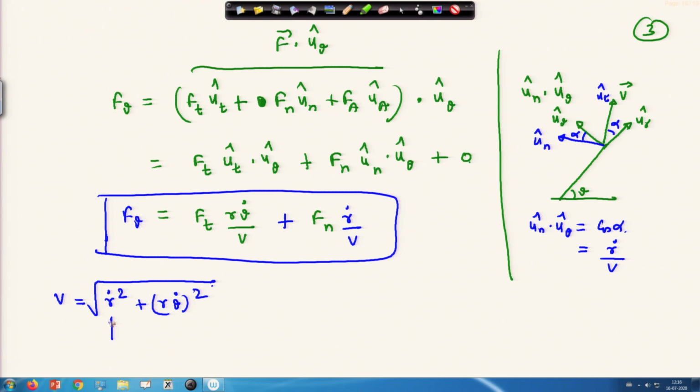So, here if we insert these values, we will get V, and similarly we have to write r dot. These things we have done in quite some detail while working with the two body problem and the central force motion.